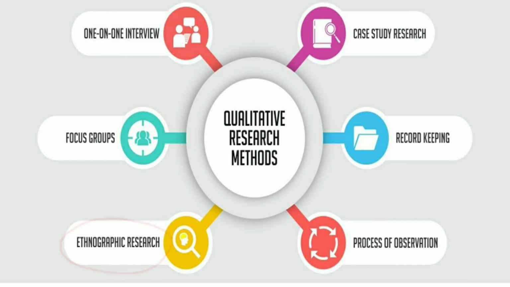The next one is ethnographic research, which is the qualitative method where researchers observe and interact with study participants in their real life environment to closely observe their culture and behavior. And the last one is focus group discussion. It is the discussion among a group of people about a topic to gather opinions that can be used for further research.